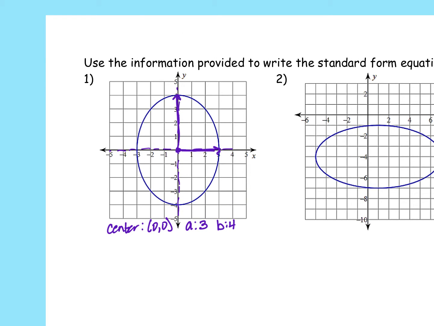So it's going to be (x - h)² all over a², plus (y - k)² all over b² equals 1. Okay?